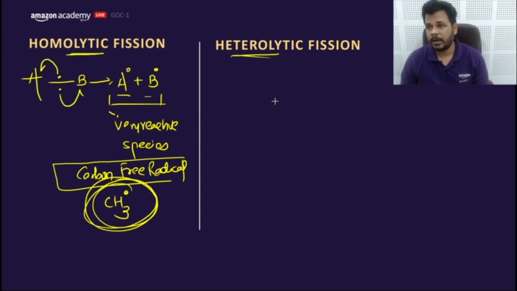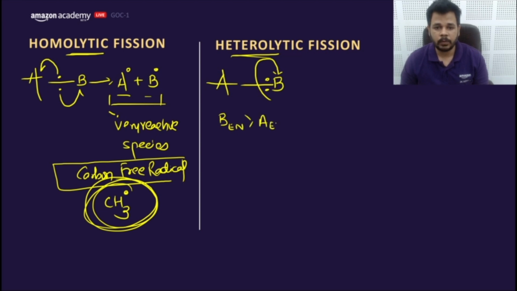Similarly, in the case of heterolytic cleavage, let's break it in a heterolytic way. That means the electron shifts towards the more electronegative atom. Let's have an example. We are considering here that the electronegativity of B is far more than the electronegativity of A. So when the bond breaks in the presence of a polar solvent, it converts into A plus and B minus.